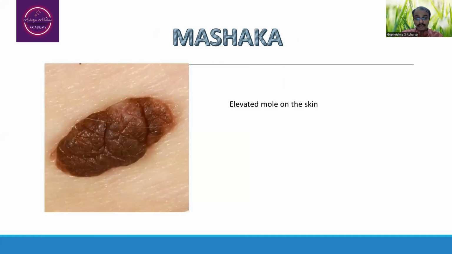So that is the possibility of the mashaka. What we can say, there may be a possibility of the affliction of rakta as such.